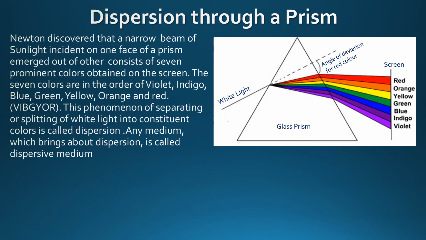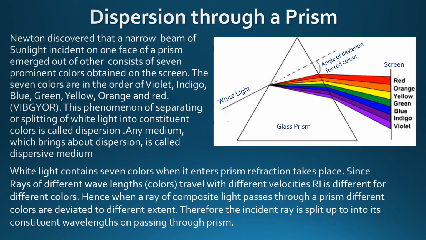Any medium which brings about dispersion is called a dispersive medium. White light contains 7 colors. When it enters the prism, refraction takes place. Since rays of different wavelengths, that is colors, travel with different velocities, the refractive index is different for different colors.